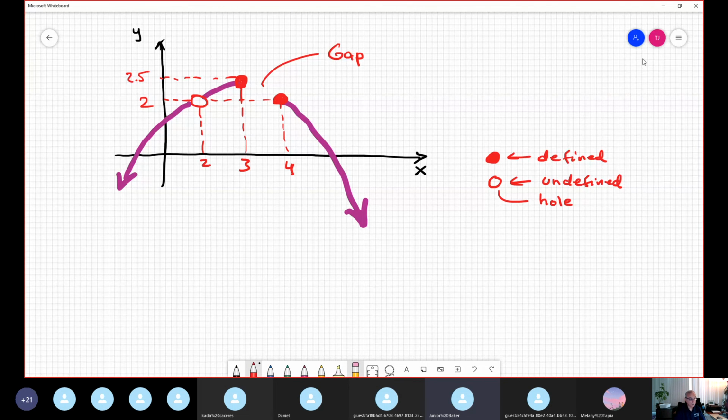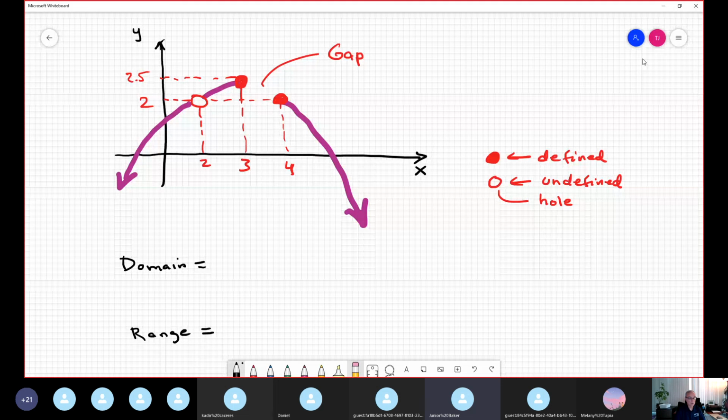And the question says find the domain. Why not the range? Only look at the graph. No mathematics, only look at the graph, using your eyes. So let me repeat: what is the definition of the domain?